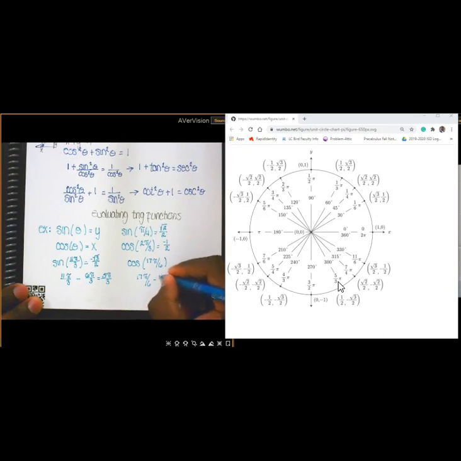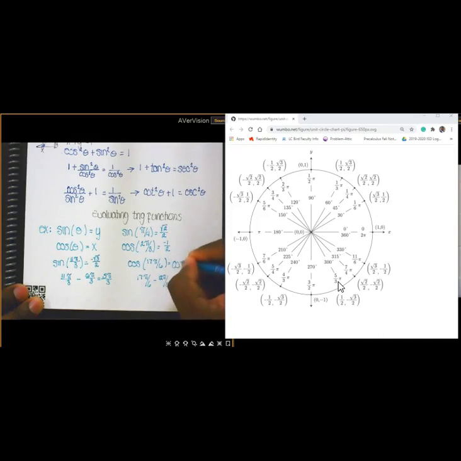And what do we get? So this is the same thing as asking you to find cosine of 5 pi over 6.